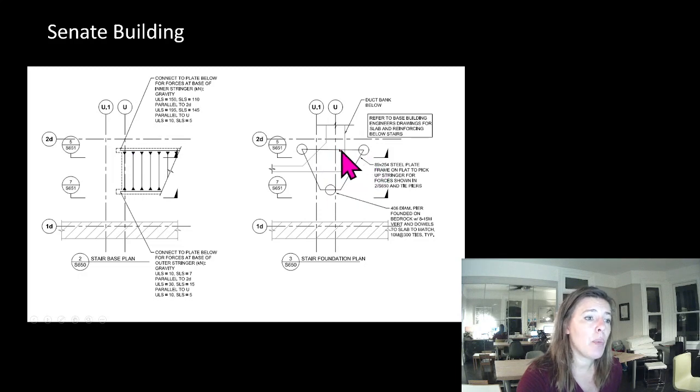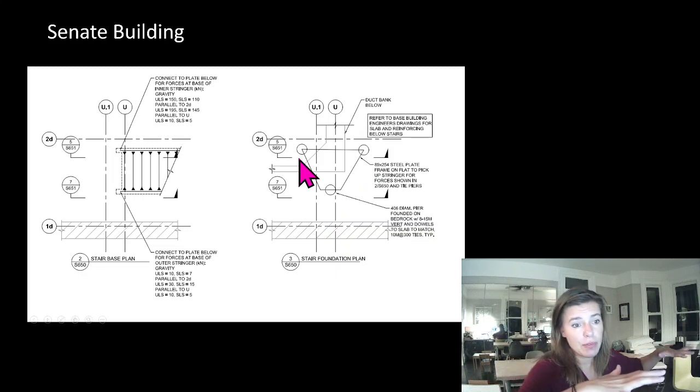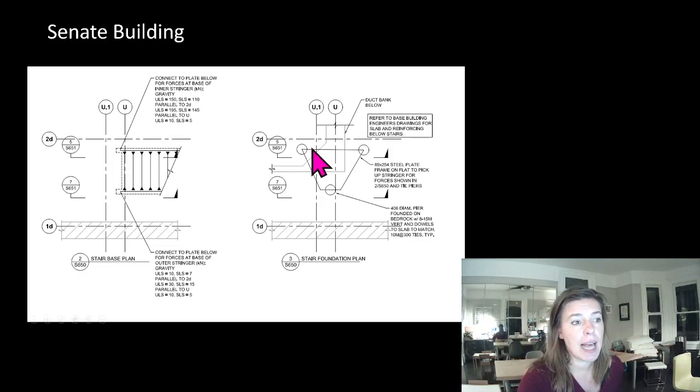So I had to come up with a method of putting 3 small supports, building a steel frame above it, but don't forget we had that very large 195 kilonewton load thrusting along this. So we also then needed to prove that this being cast into the concrete could develop the friction required, that we didn't actually just pull the whole floor slab and damage the floor slab in the event of an earthquake.